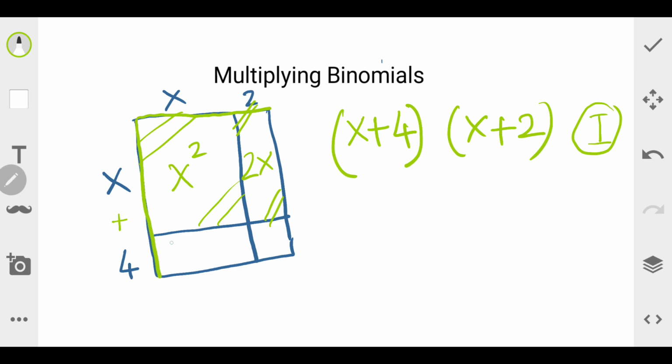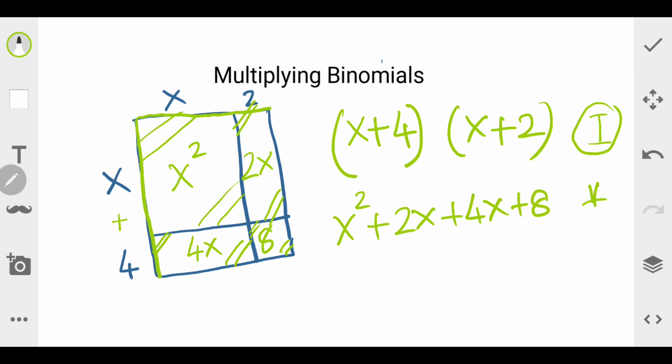This one is 4 times x, which is 4x. And then the last one is 4 times 2, that is 8. Now we have all the areas, so we can just add them: x squared plus 2x plus 4x plus 8. So these are the two expressions to find the area of the largest figure.